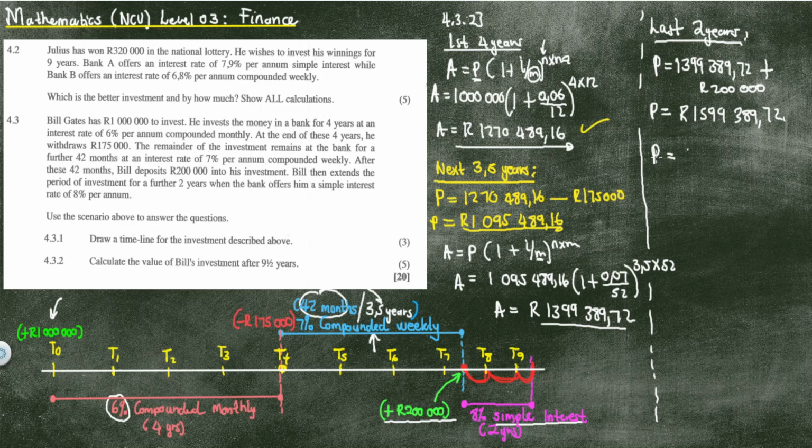So it's going to be accumulated equals P(1 + i × n). What is the principal amount?